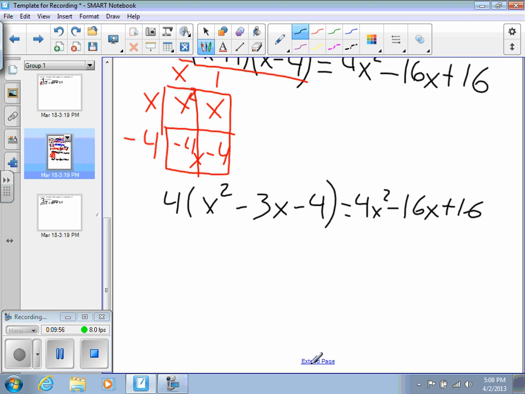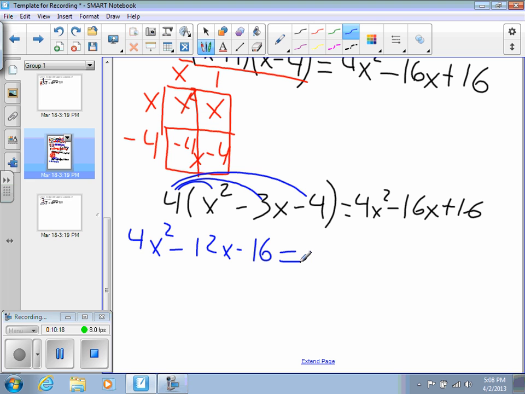Now we need to distribute. So that's going to give us 4x squared minus 12x minus 16 equals 4x squared minus 16x plus 16. Okay.